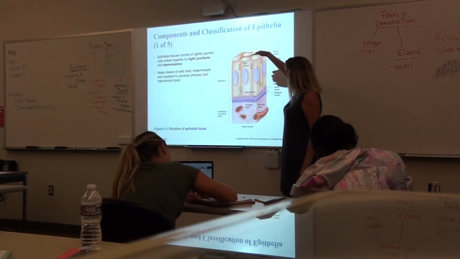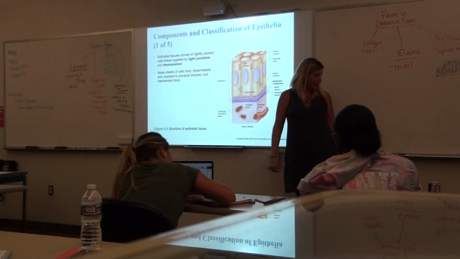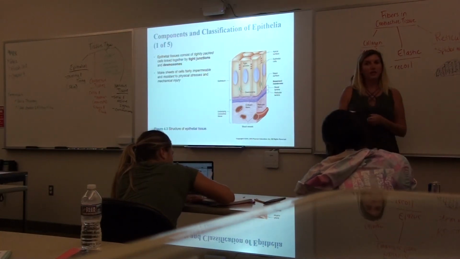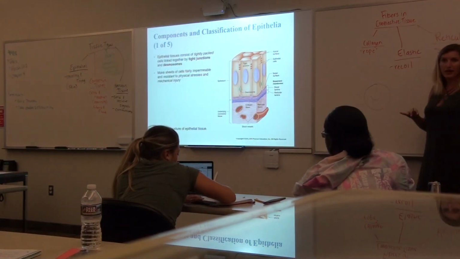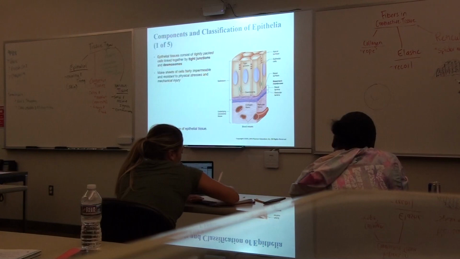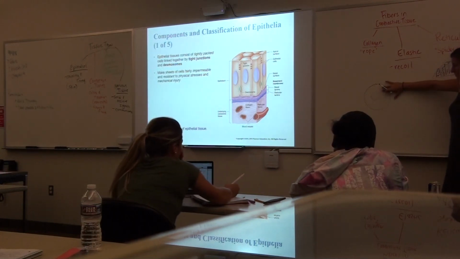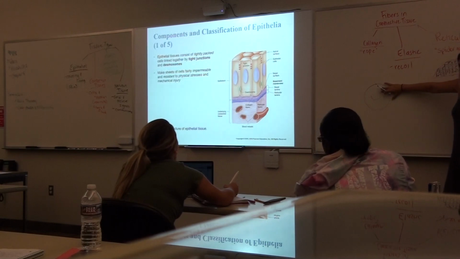Epithelial tissue has a top and a bottom. If I gave you a blood cell, blood is not an epithelial tissue, it's a connective tissue. But if I gave you a blood cell, there is no top, no bottom, no right, no left to it, right?